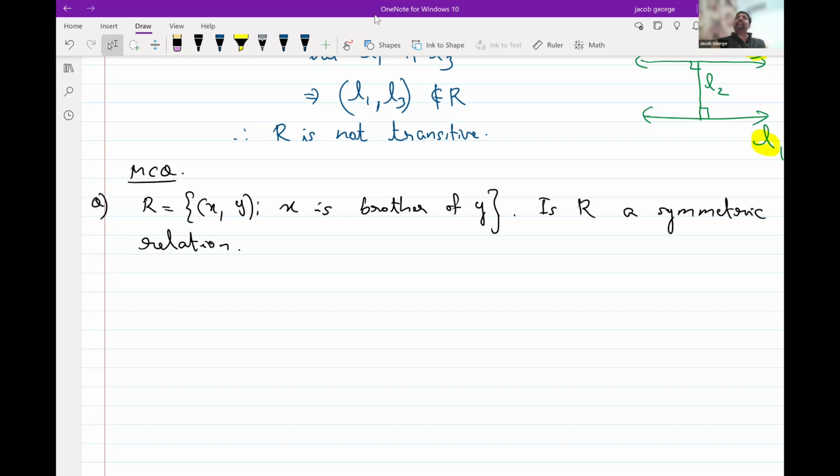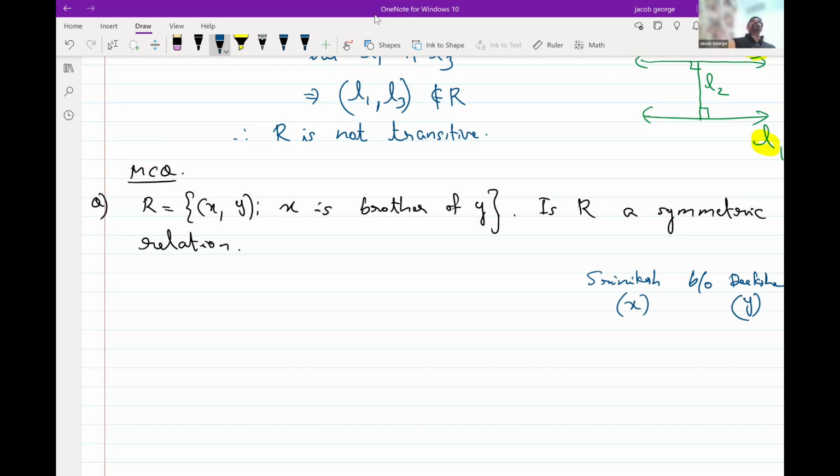What is the name of your sister? Disha. Srinigesh is brother of Disha. In place of X, it is Srinigesh, and X is brother of Disha. This is Y.